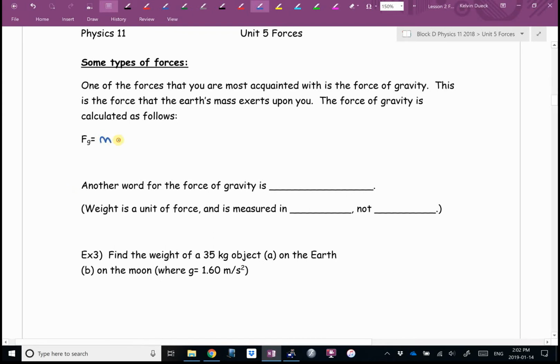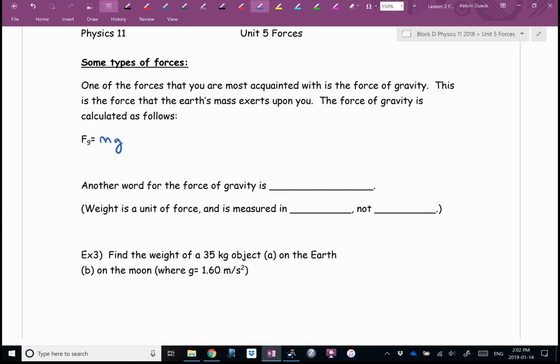So it's mg. Rowan, you have your formula sheet. I think I gave you Fg equals mg as the second equation in this unit on forces. I think the first one is F equals ma. Find where it says forces. No, it's front page. About halfway down.